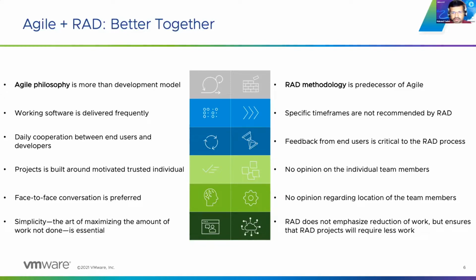But in rapid application development, there is no opinion regarding the location of the team, and that is perfectly suited for our current situation. We have distributed teams working across the globe 24/7, and that is very crucial at this point of time, and that makes rapid application development the need of the hour.